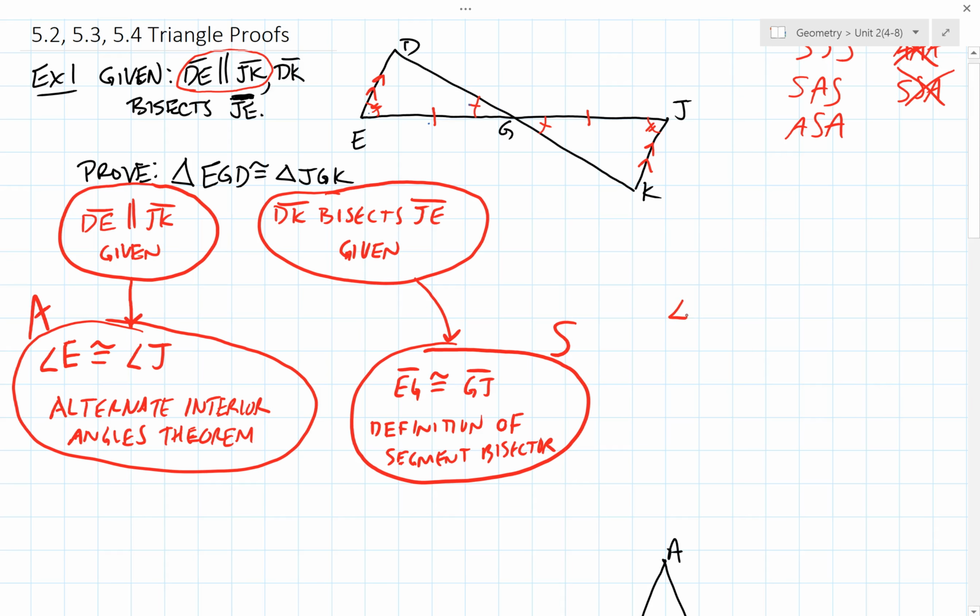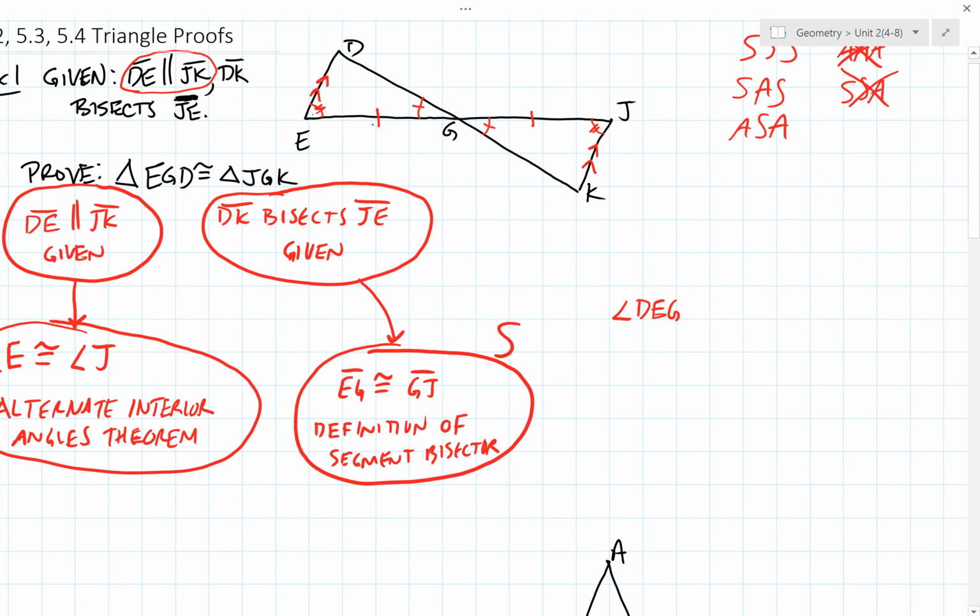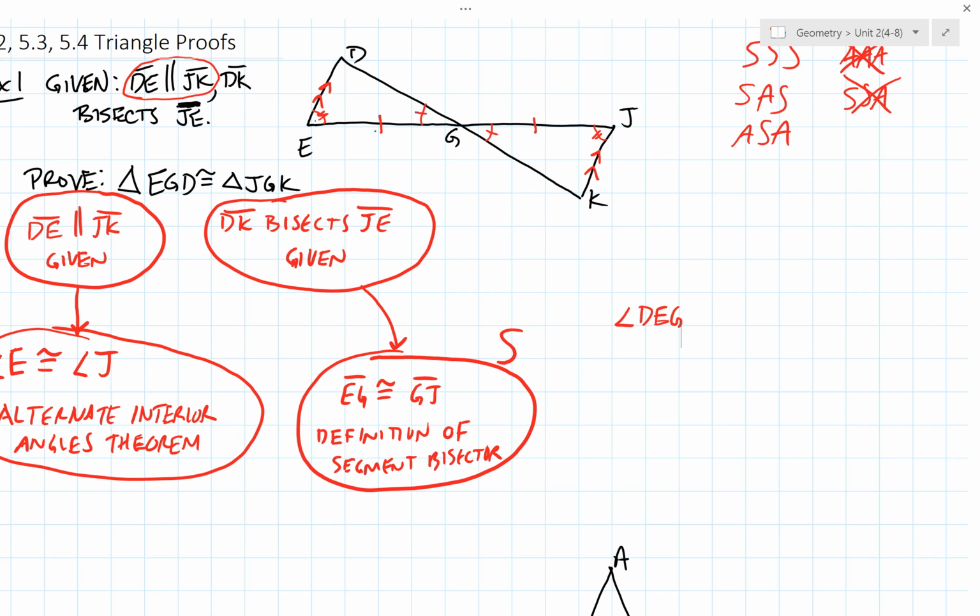So angle DEG, or GED, it's the same thing, right? I thought it was... It is. Oh, you're right. The vertical angle, it's my mistake. So you're right. It was DGE.